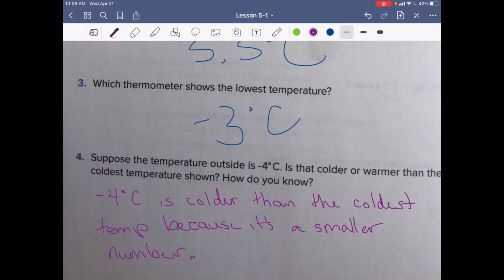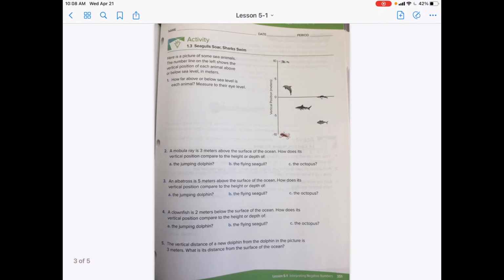Beautiful. All right, and then let's turn the page to our last problem set.